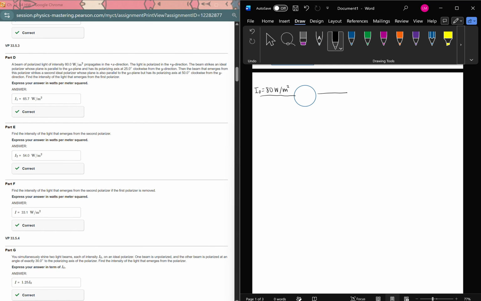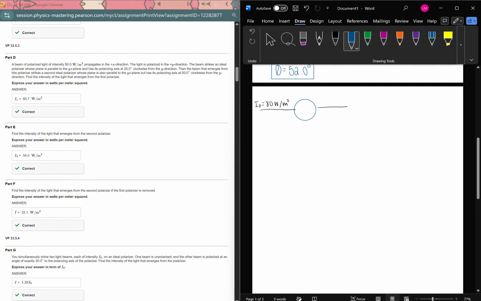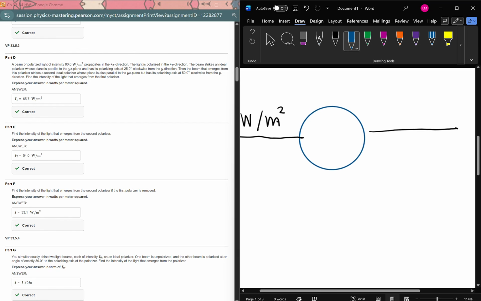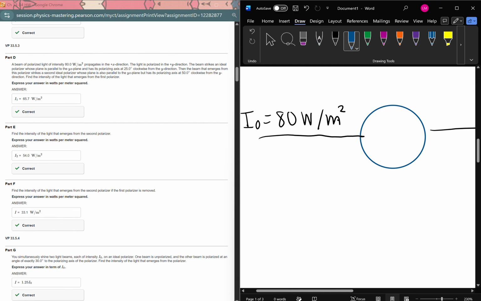So I'm going to draw this axis. So set a positive axis. Let me zoom it in a little bit. Okay, there we go.